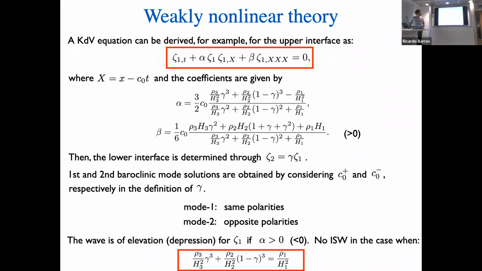So the KdV appears when you look for weakly nonlinear waves. Here I've written this for the interface displacement of the upper interface, so it's at the 1. This is the typical KdV, where you have these quadratic nonlinear coefficients written here and the dispersive term here. Where you see gamma written here is exactly that gamma that I have brought from here.